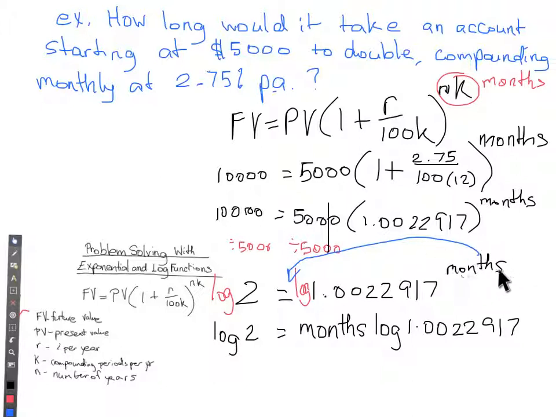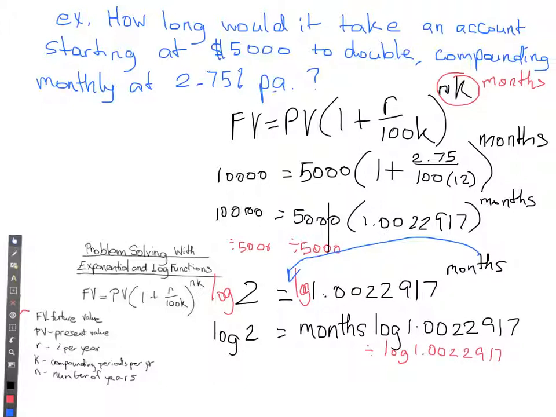How would we solve for an exponent that we don't know? Well, now we have a coefficient that we don't know. And I think all of us know that in order to solve for a coefficient, all we have to do is divide by this expression. Of course, what we do to one side, we have to do to the other side. So now we can isolate the months.